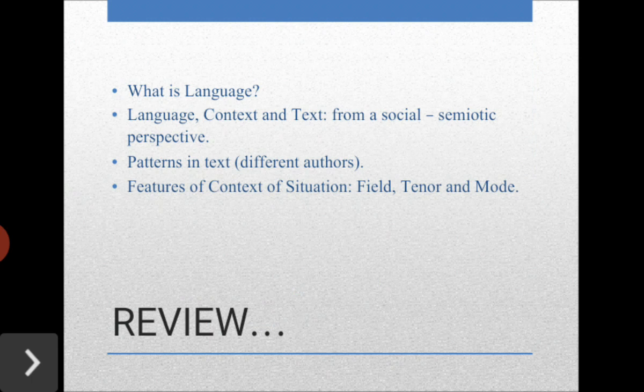So first of all, just to remind what we have done so far, as you can see on the screen, right? The definition of language and discourse analysis. Then we moved into language, context, and text, and then we moved on to the features of context of situation: field, tenor, and mode. We also went over the analysis of mini texts, right?